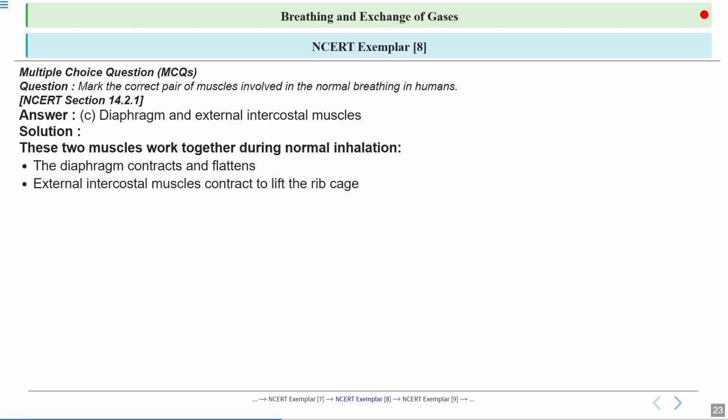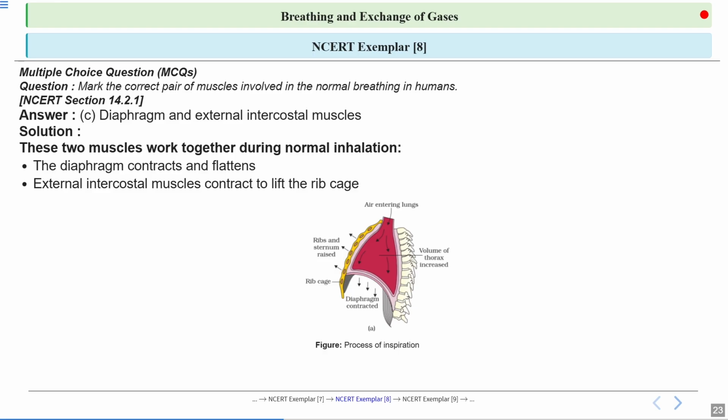External intercostal muscles contract and lift the rib cage, moving it upward and outward. So these are the two muscles involved in normal breathing, right?